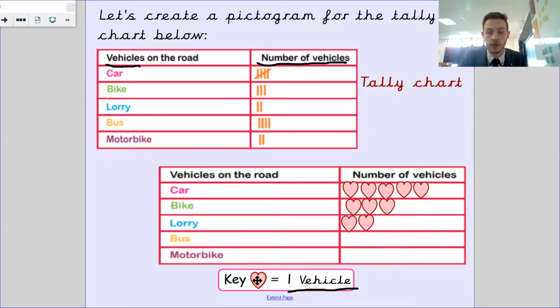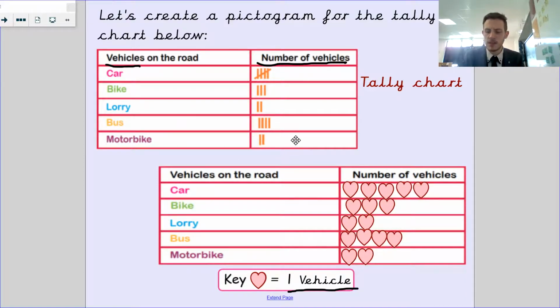There were 4 buses, so I need to put 4 love hearts because for every one of my tally chart, I put 1 love heart. Right, motorbikes. How many motorbikes were there? There were 2. So I need to put 1 love heart and another love heart. So now I've perfectly made a pictogram because I've shown exactly and matched the numbers from our tally chart here.